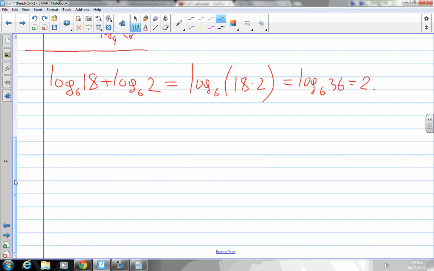How about this one? Log of x minus 3 logs of y plus 4 logs of z.